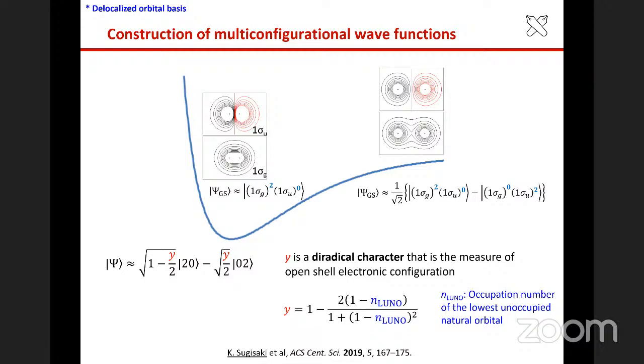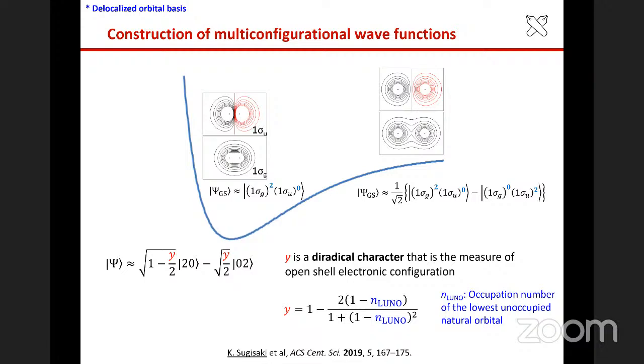So roughly speaking, the weight of this configuration changes in the bond dissociation. In the vicinity of the equilibrium geometry, Hartree-Fock is a good approximation. So it means that this configuration has a much larger weight than this configuration, and roughly speaking, we have y equal to 0.